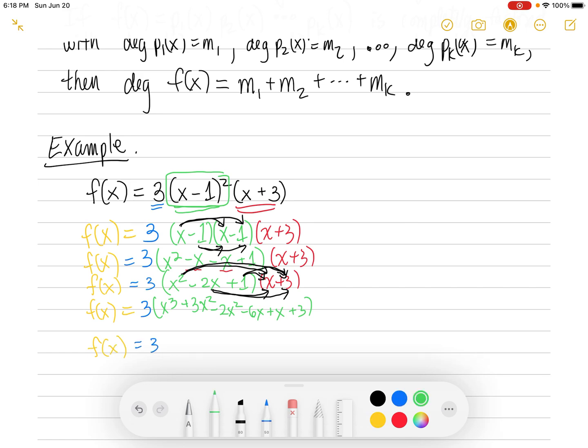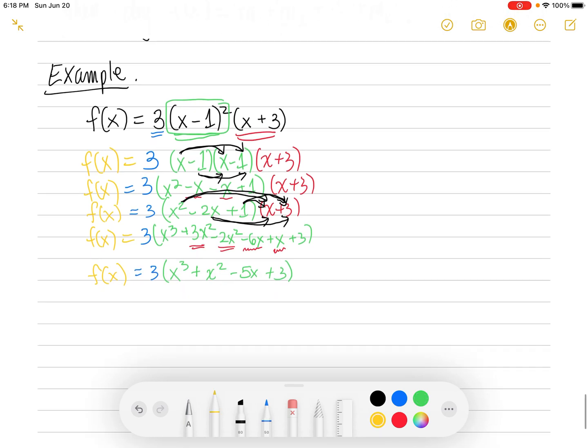I'm going to leave the 3 out front. So I'm going to have x cubed, and now I combine 3x squared and minus 2x squared, which gives me simply x squared. Combining minus 6x and plus 1x gives me minus 5x. And I have a plus 3 on the end.